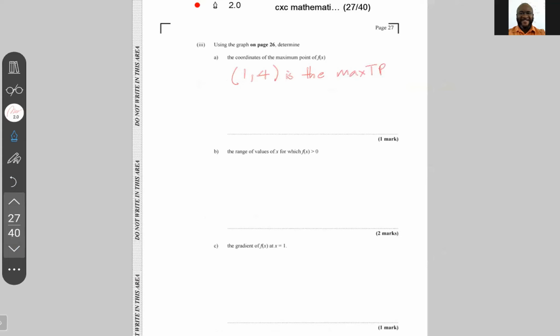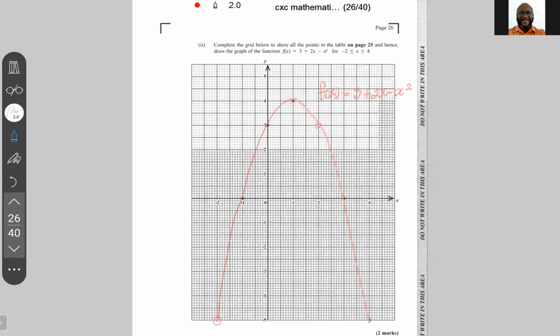The next part asks for the range of values of x for which f of x is greater than 0. Let's go back to our graph.